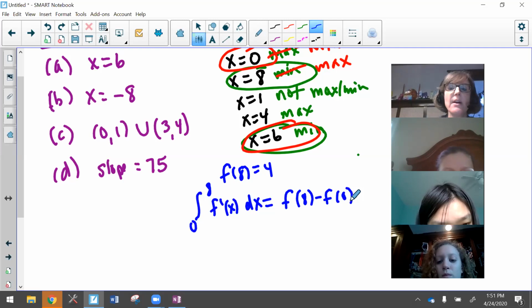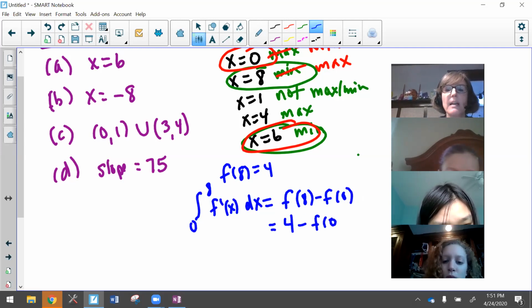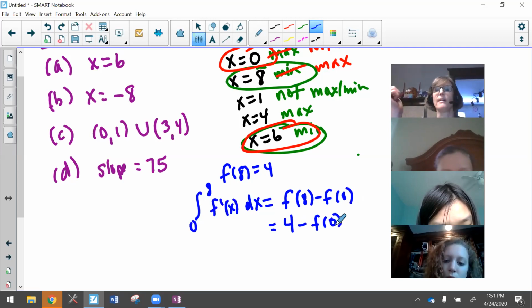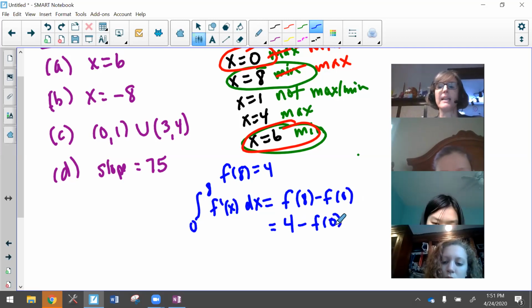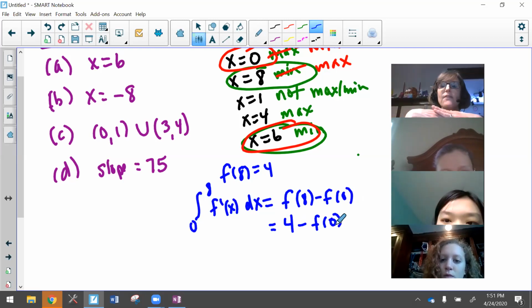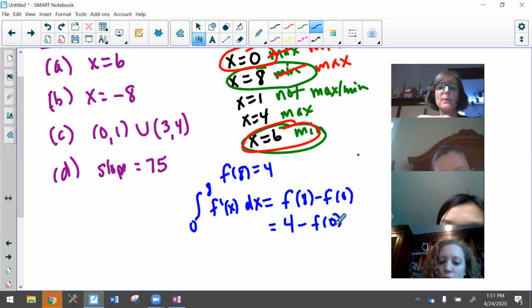Okay, and I know that f of 8 is 4, and f of 0 is what I'm looking for. If I can compare f of 0 and f of 6, then I can figure out which one is the lower minimum, because I am looking for the absolute minimum.